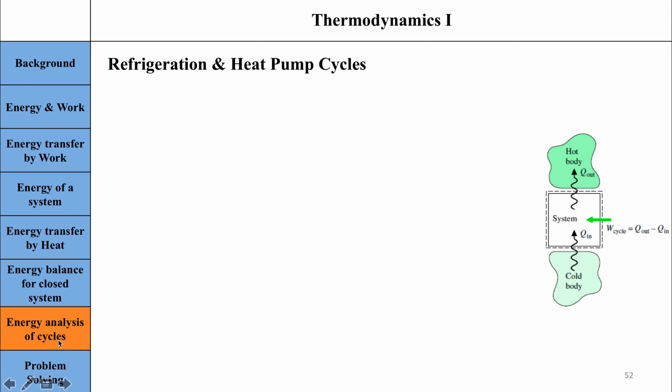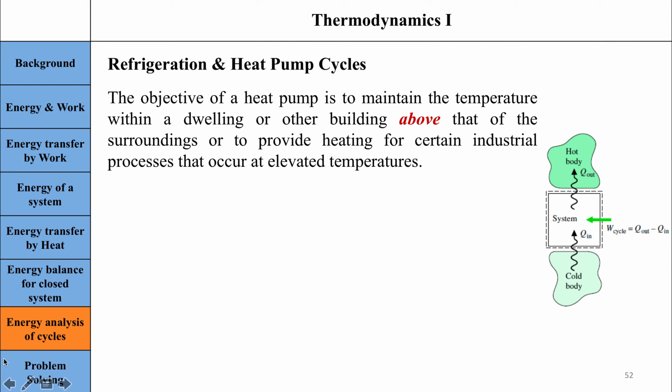For the heat pump cycle, we are interested in this body. This is, let's say, our room, and these are our surroundings, and we want to increase the temperature within this hot body. So we have to supply heat into this system, into this body.